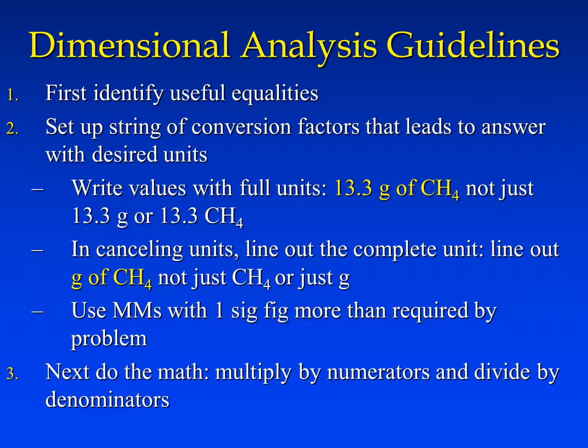So now you do the math. Multiply by anything that is in the numerator and divide by anything that is in the denominator. And there is one trap here. There's a tendency, if you have more than one denominator, to divide by the first one and then multiply by the others.